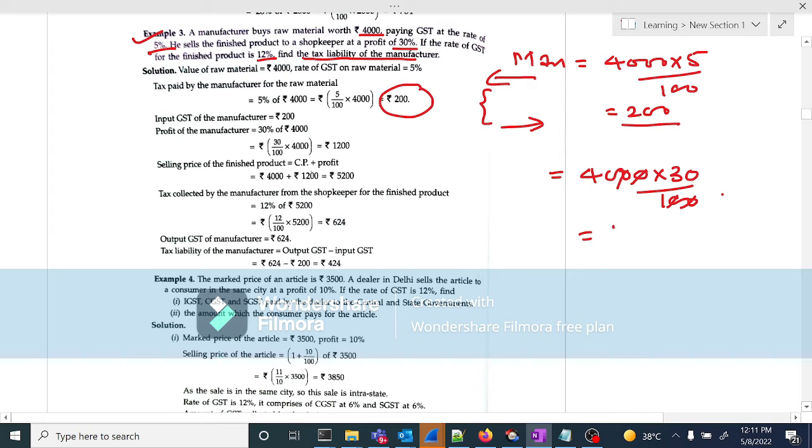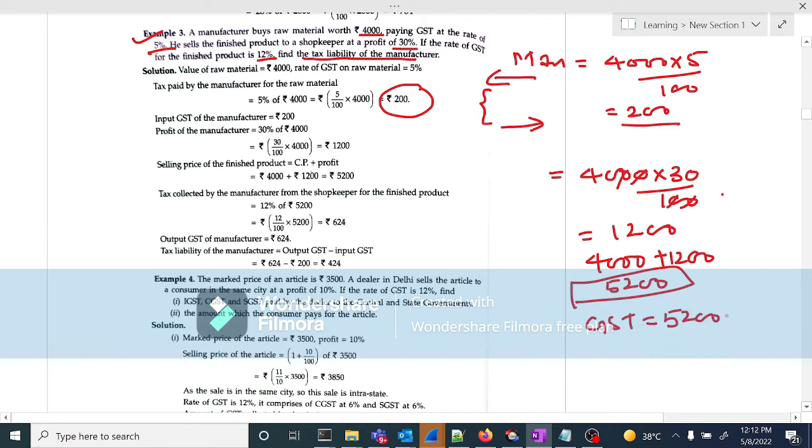So the final price of the finished good is 5,200, right? On this, the GST is 12% of 5,200, which is 624.